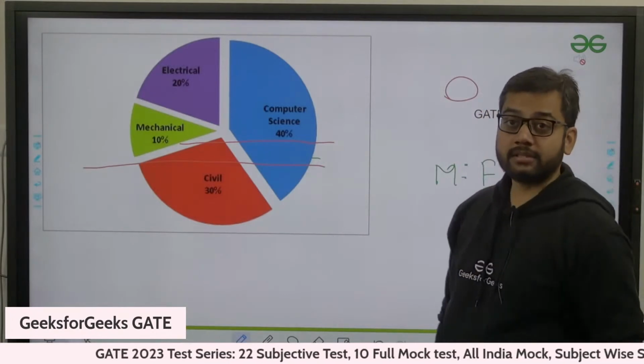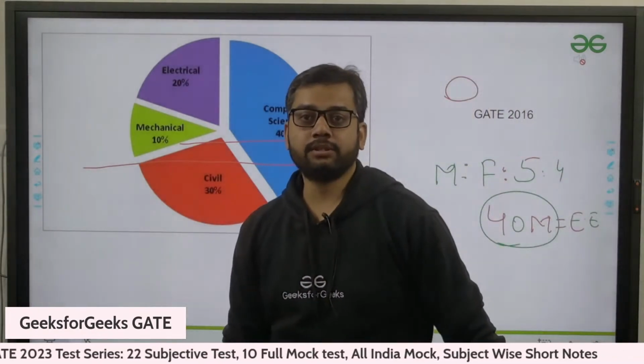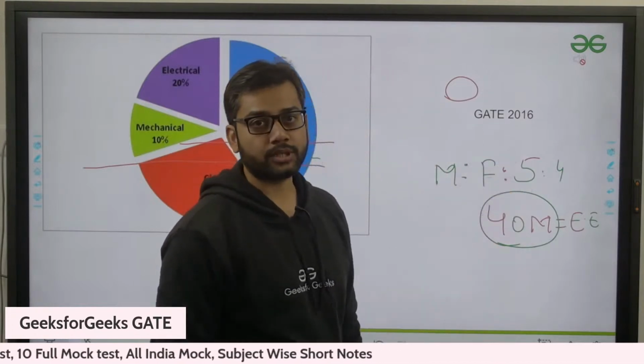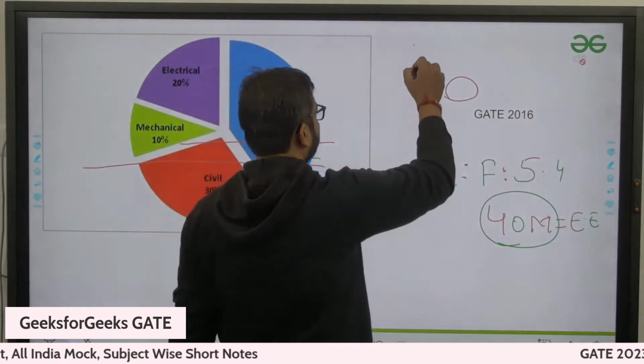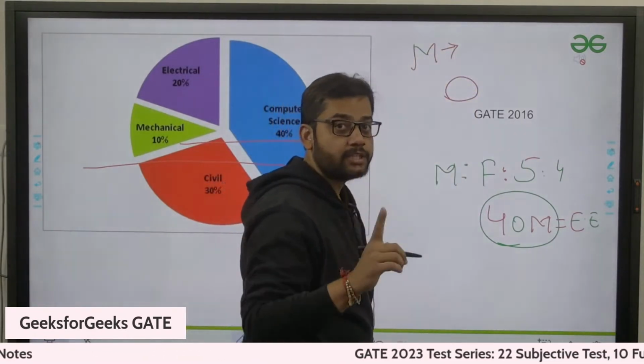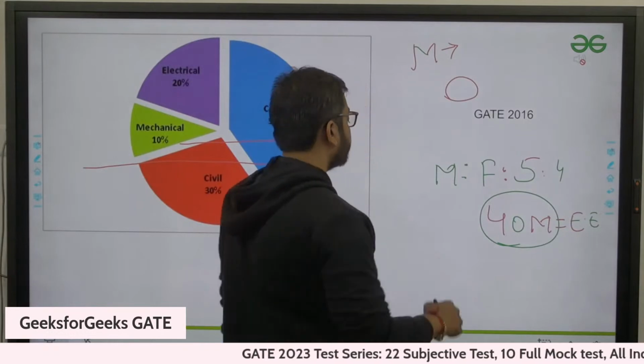Now just tell me, if I'm telling you that in the college the male to female ratio is 5:4, then the number of males is equal to what? This is the basic ratio concept.